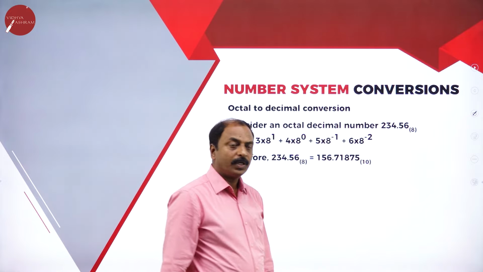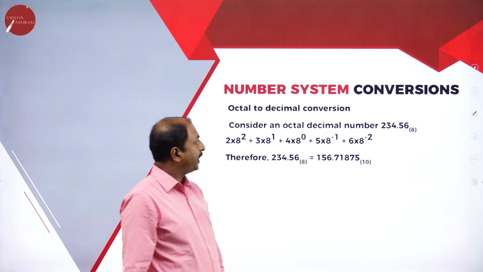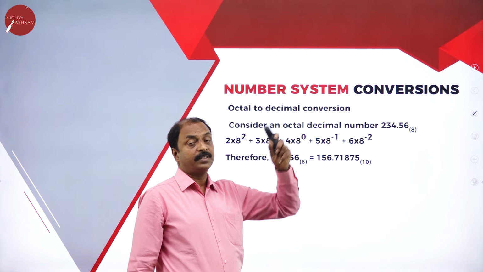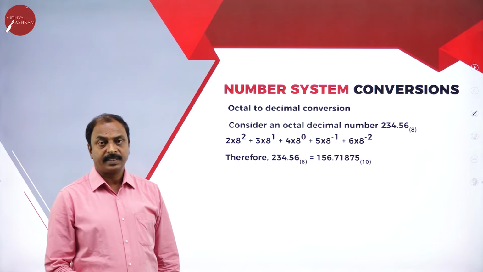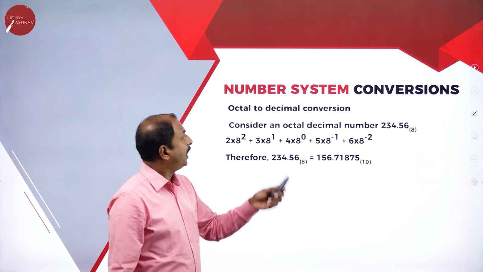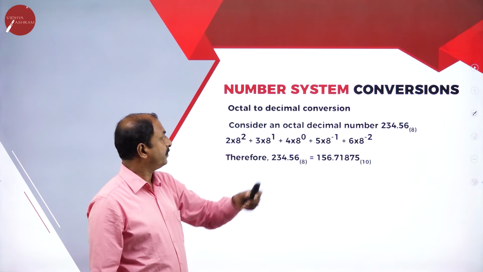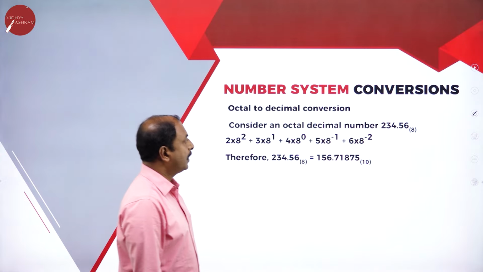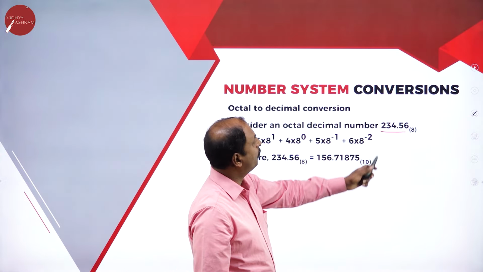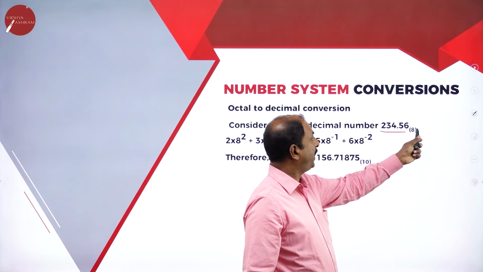Now let us move on to the next slide, and here is another type of conversion, octal to decimal conversion. In the previous example it was decimal to octal, now it is octal to decimal. In this example, this is the octal number 234.56 to the base 8.